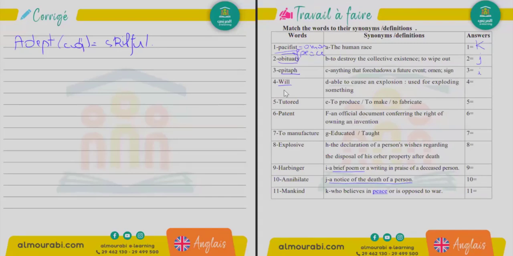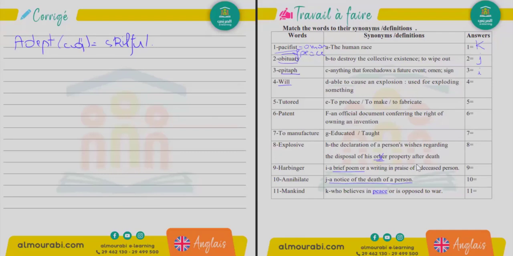So 4 plus H. The declaration of a person's wishes regarding the disposal of his or her property after death.